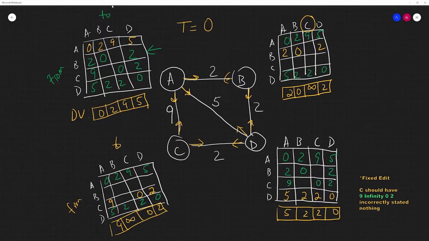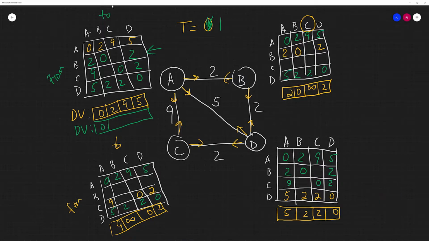So the next step is to calculate the new distance vector. We are now at t equals 1. The new distance vector at this point is going to be the cheapest cost to get to any particular node. Our original cost was 0, and there's no way anything can be cheaper than that, so it's going to be 0.